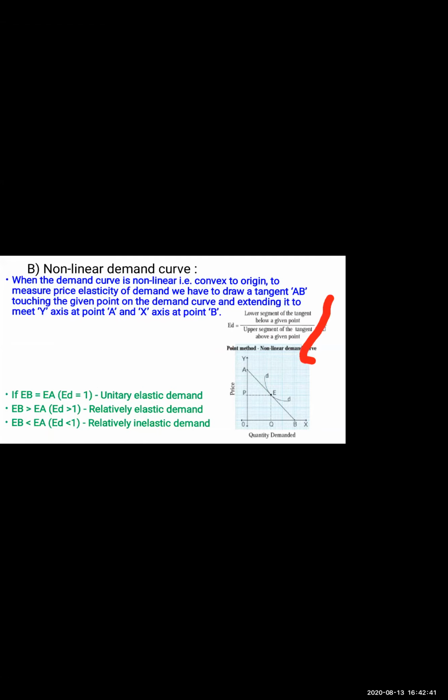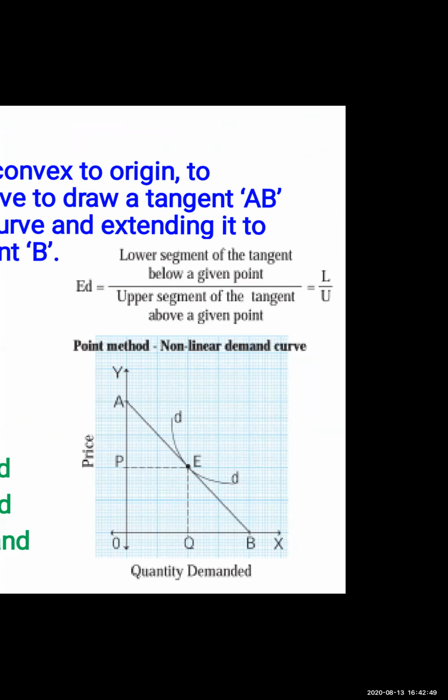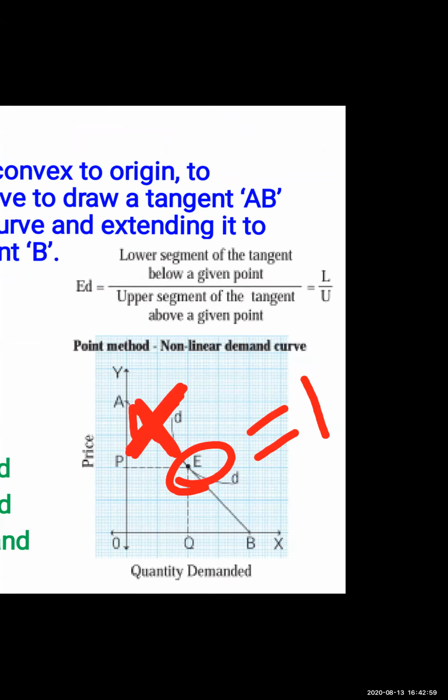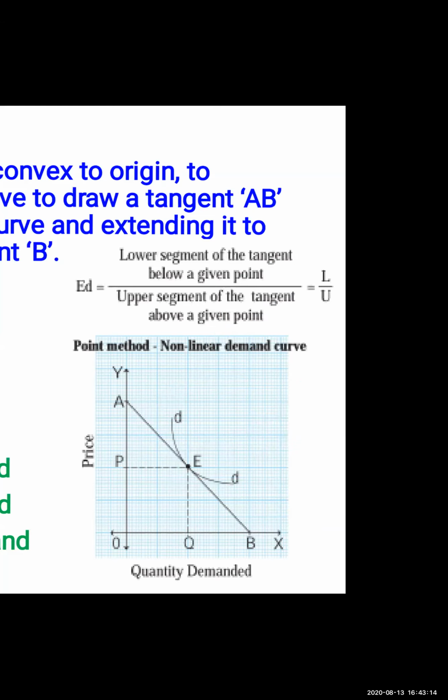Look at this diagram. This point is exactly at the center, right? So ED is equal to 1. If you have this particular point in the upper segment, ED is more than 1. If you have this particular point, ED is less than 1. Formula same: lower segment divided by upper segment.